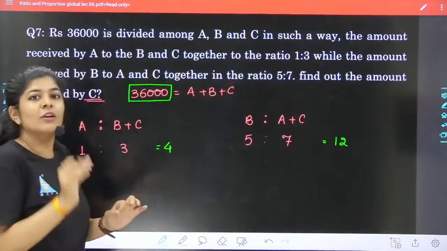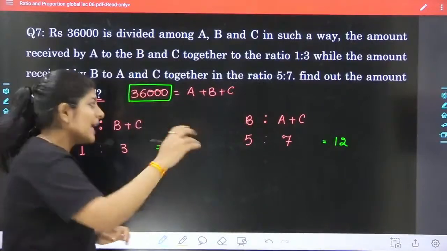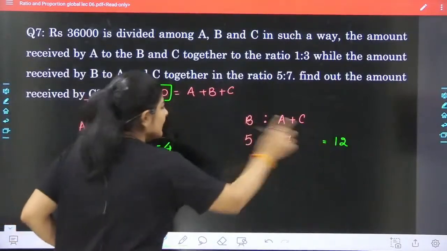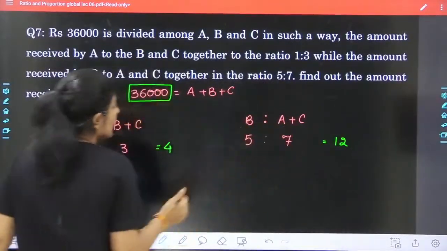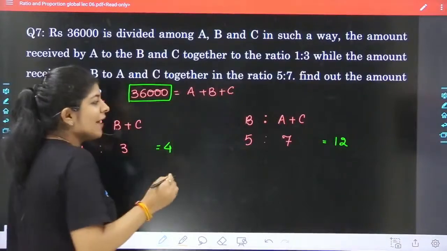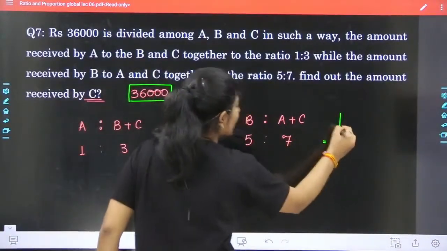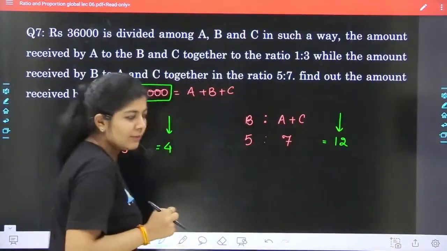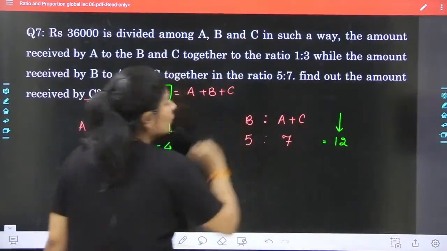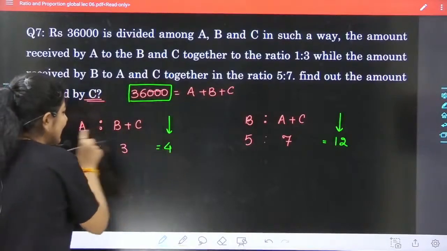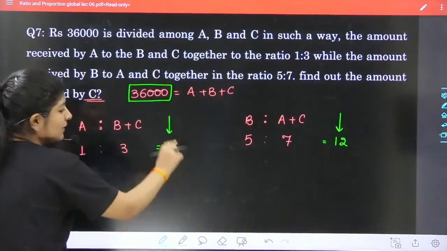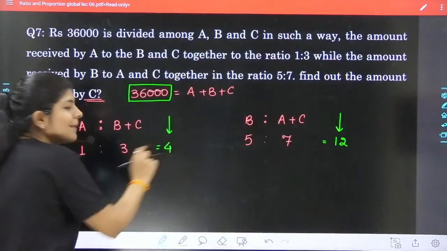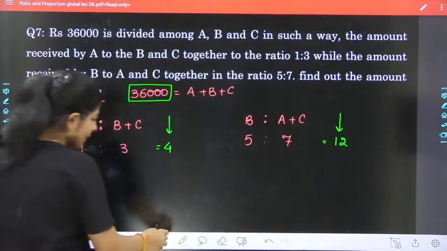That means the value of the amount will remain the same in both ratios. So first I have to make these values equal. We can't make this as 4 because this value will move into decimals. So we simply multiply this equation by 3 to make this amount equal to 12.